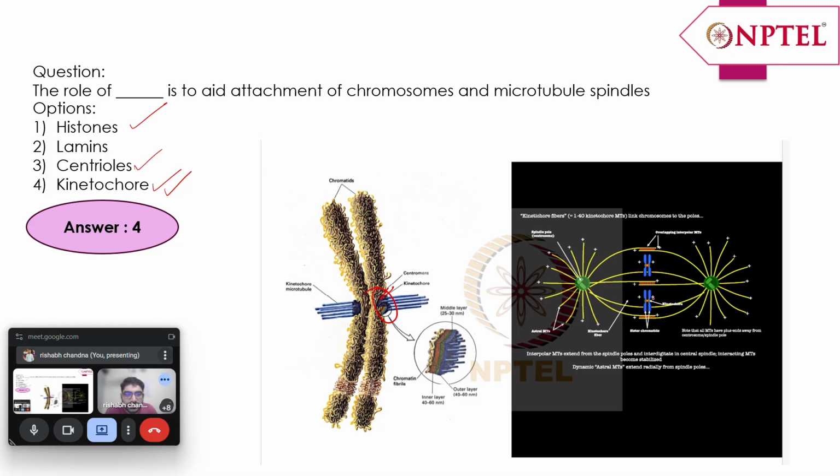Here also this is the kinetochore and these are the spindle. So these spindle fibers are attached to this kinetochore, and this kinetochore is present in the centromere region of the chromosomes. Now when they are attached, they try to separate. Okay, so this is the case. Any doubts in this particular question?